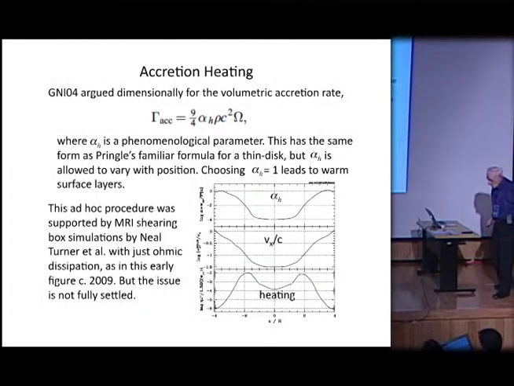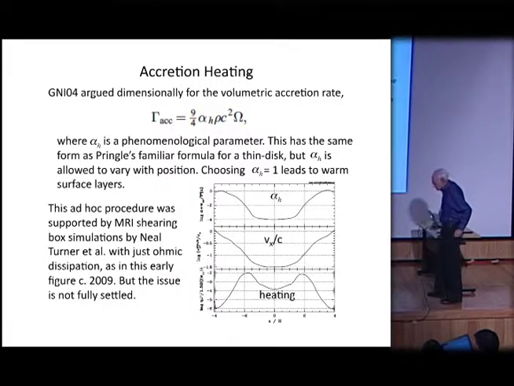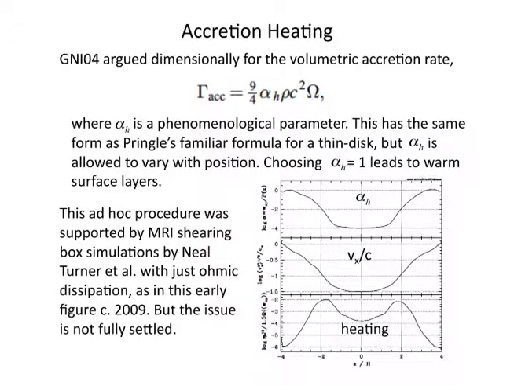So what we did, following some work that I was involved in with Frank and Siani Shang and others, was treat dissipation by mechanical agencies in a dimensional way. So the volumetric heating rate is given according to dimensional analysis with a coefficient called alpha.